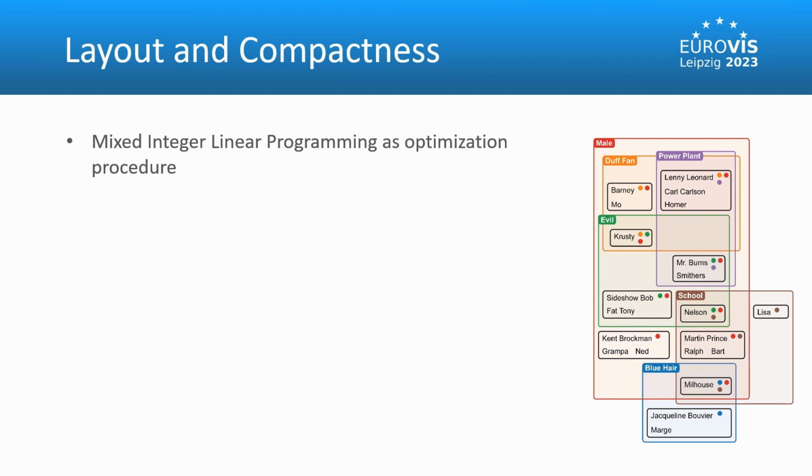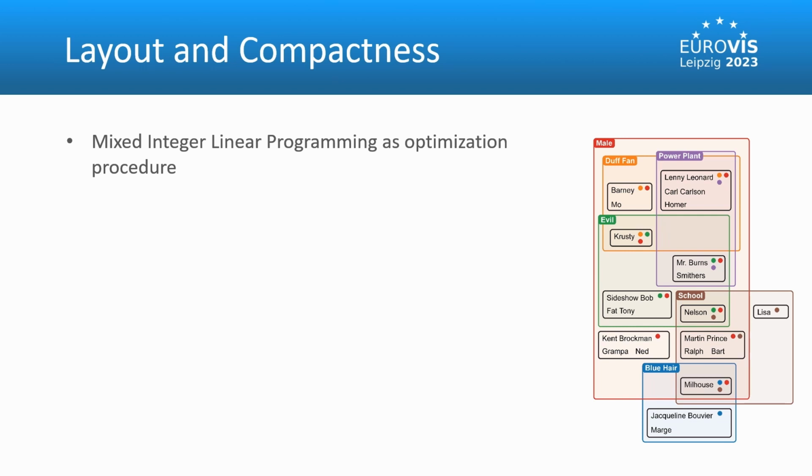The constraints defined in the previous step ensure a correct layout in that all inclusions and exclusions have to be fulfilled. But this layout might not necessarily be compact. To generate a compact layout, we would like to minimize the area of the rectangular Euler diagram. We aim to minimize the area of all individual sets represented by rectangles.